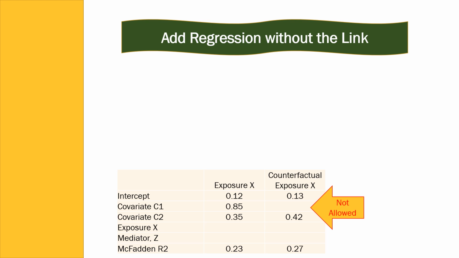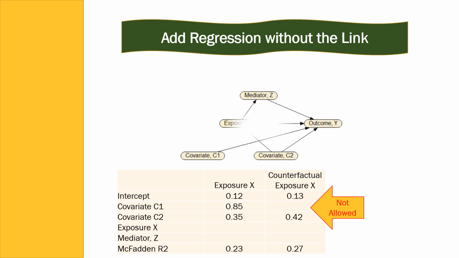This leads to a change in the coefficient of C2. It might also bring in other variables that are not currently part of the regression equation, but in this simplified case, it's not doing so. This is the new model now. In this counterfactual exposure, the arc that goes from C1 to X no longer exists.